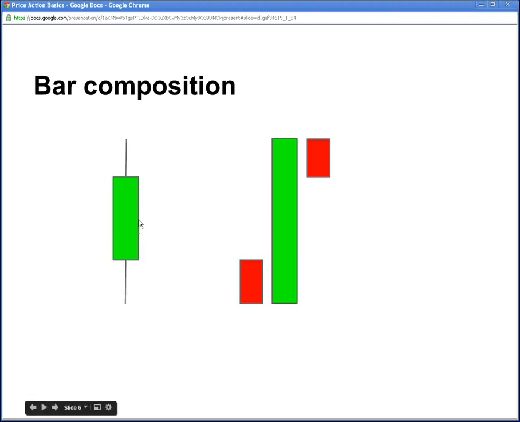The information here is that I can decompose any bar into its constituent price action. So here it's pretty clear that the price opened here at the beginning of this bar, went down here, then went all the way up here and closed here. So this is what it would look like if I could break it down into 3 pieces.